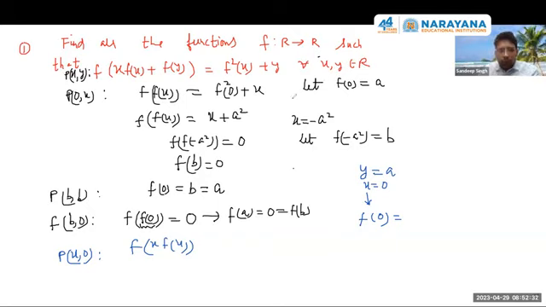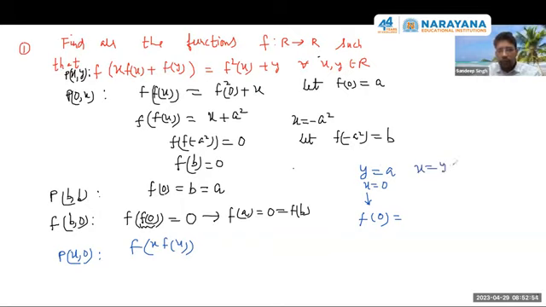In fact, put y equal to b in place of, so f of 0 equal to 0 from the last equation. f of 0 equals f square 0 plus f of 0. Put x and y both as 0.